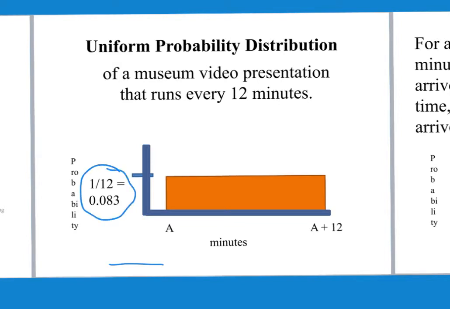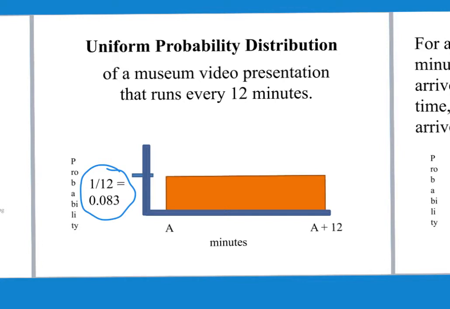It's 1 out of 12 if you consider a 1 minute time frame. They arrive, the class files in, takes them a minute to file in, and they are there and ready to go, and the video starts at that time. What's the probability? It's 1 out of 12, or 0.083.